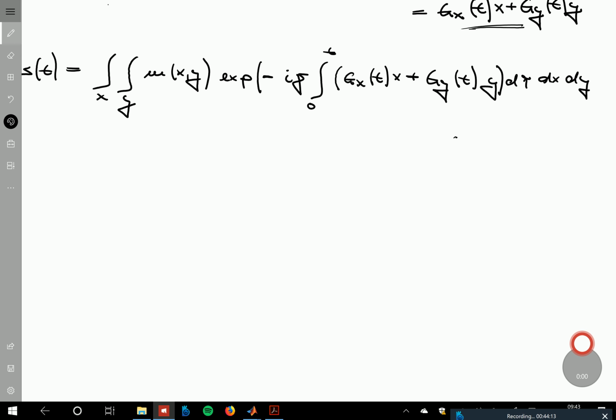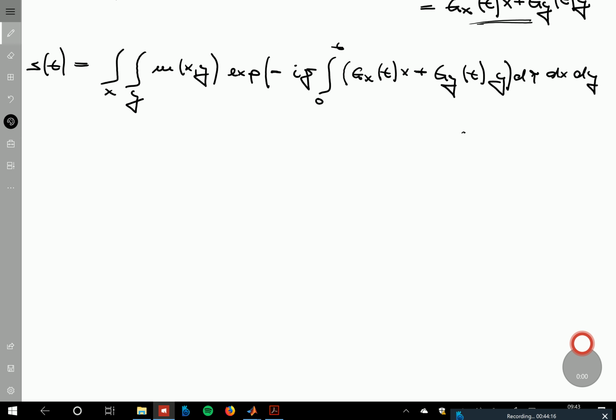And then we can do one final simplification, namely we can define the following terms: kx(t) as gamma divided by 2 pi times the integral from 0 to t of Gx(tau) d tau. This is actually wrong here. This can't be a t, there must be a tau, because that's our integration variable here.